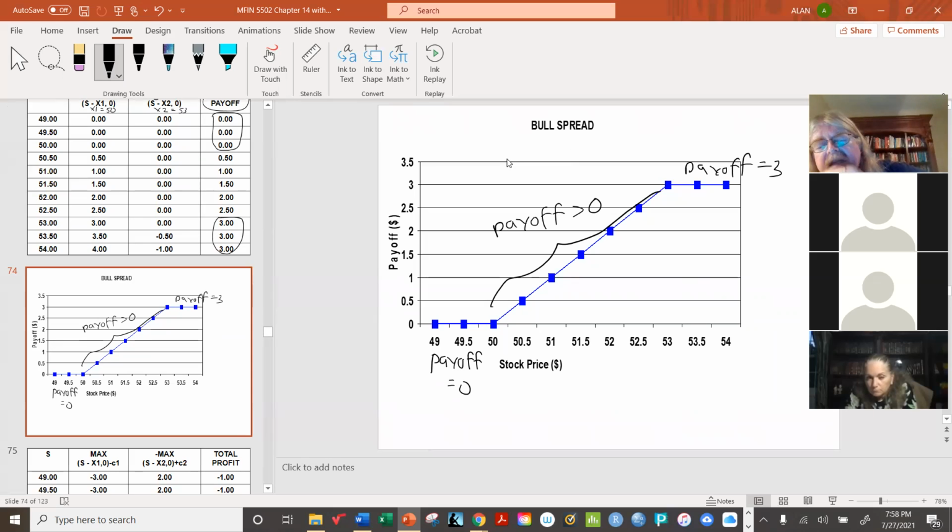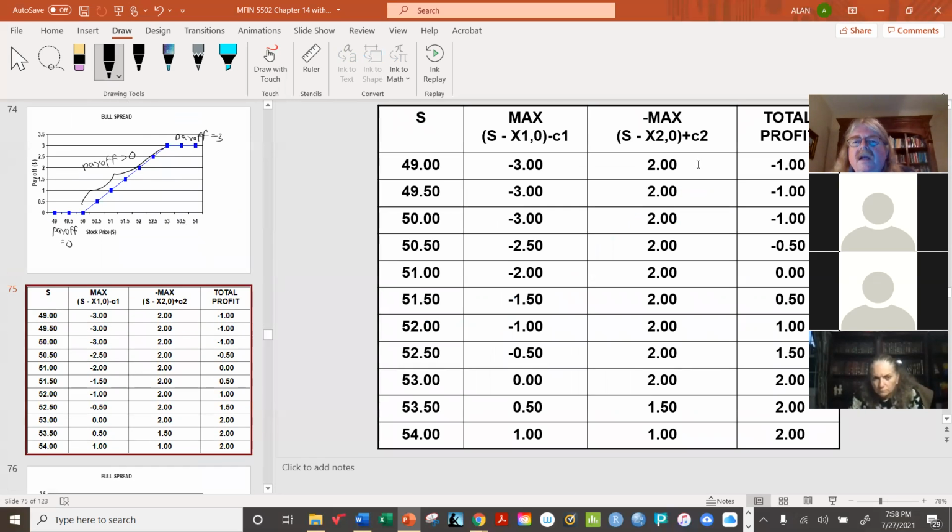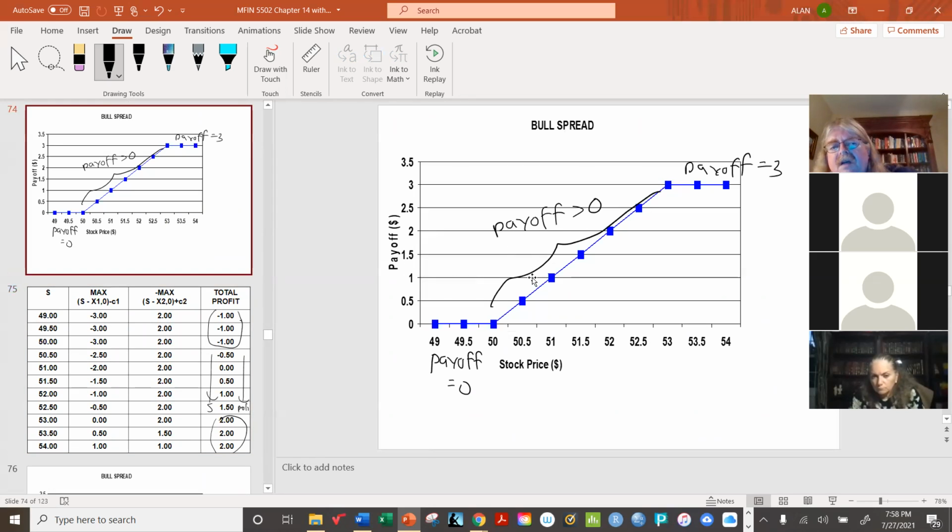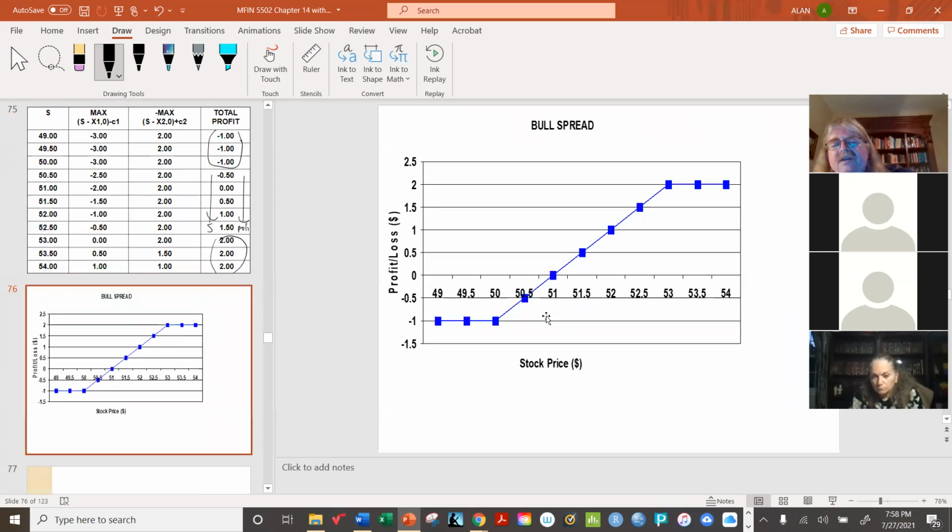Now, we did mention earlier that the net cost of this position is $1. So in order to graph the profits, we have to go back to our chart and subtract $1. And so now, all of a sudden, the minimum position is a loss of $1. The best we can do is a gain of $2. In between, as the stock price goes up, so does the payoff, or profit rather. So basically, we're shifting this bull spread graph down by $1. And here's the result. So we have a maximum loss here of $1.